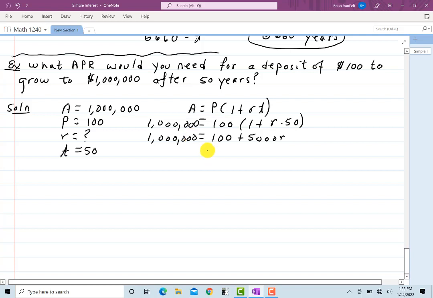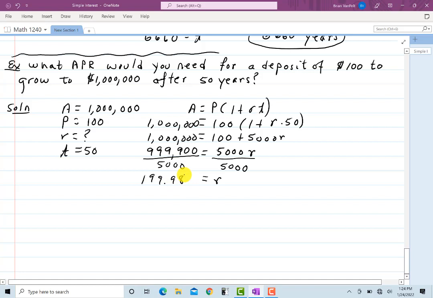Subtract my 100 as usual. So I'll get 999,900. And that's going to equal 5,000 R. So I'll divide by 5,000. I get R equals 199.98.